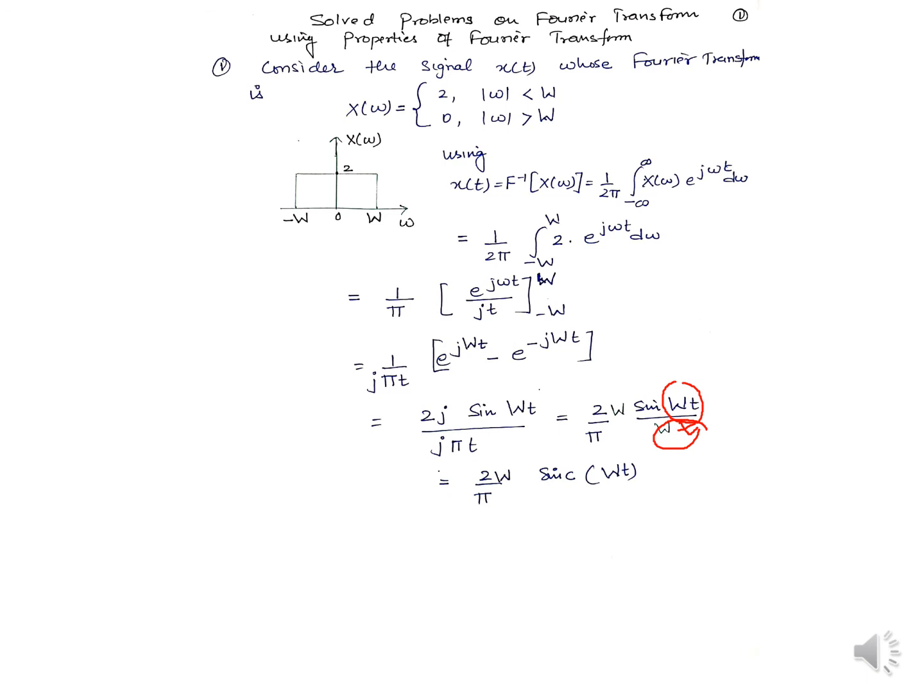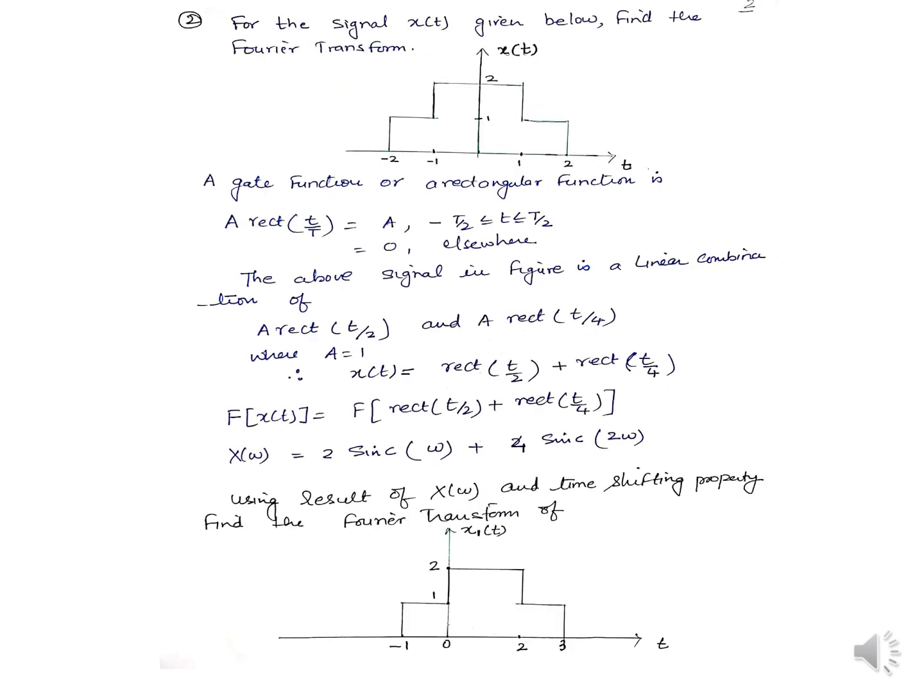You must know that sine theta equals e raised to the power j theta minus e raised to the power minus j theta. Now if we have a signal like this and we have to find the Fourier transform of this, you must remember that we have rect t by T defined as A between minus T by 2 to plus T by 2, meaning whatever value you have here, half of that.